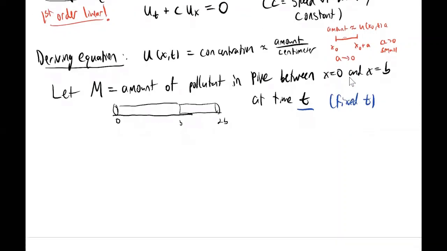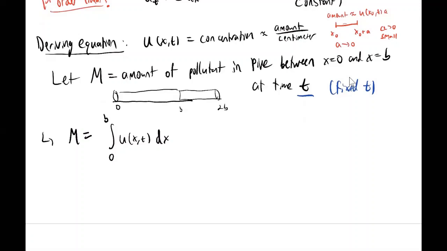So instead of u of x naught, t times a, you have u of x, t times the change in x, remember a here is the change in x from x naught to x naught plus a, so that's going to be dx. And you're going to be adding up all these contributions. Remember, integrals are ways of precisely summing in exactly this manner. And so x is ranging from 0 to b. And so we should have m equal to this integral from 0 to b, right?